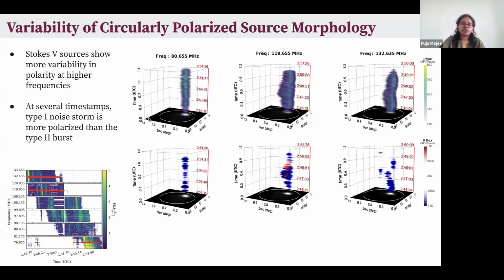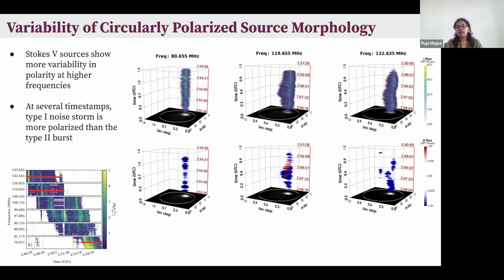So this plane is one image, while the z axis is basically the time. With half a second resolution, all the images have been stacked together. The upper row is the Stokes I, and the lower one is the Stokes V.